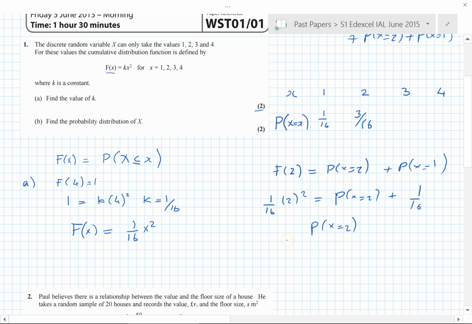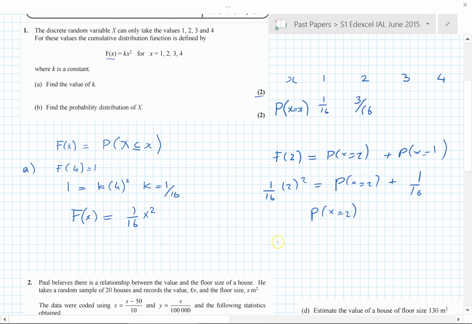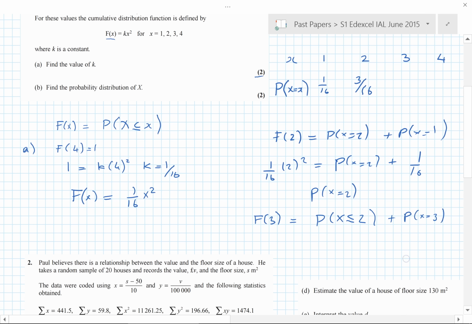We can do the same and work out F(3), which must be equal to the probability that X is less than or equal to 2 plus the probability that X equals 3. Putting 3 into here, F(3) is 9 over 16.